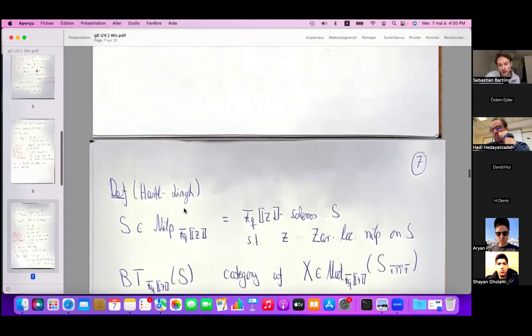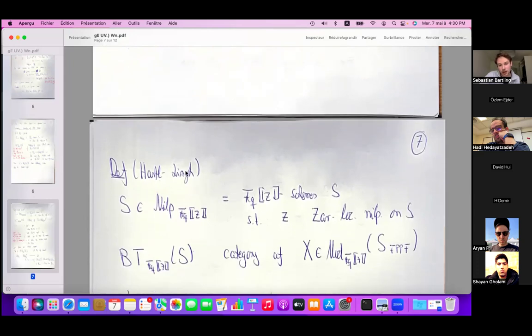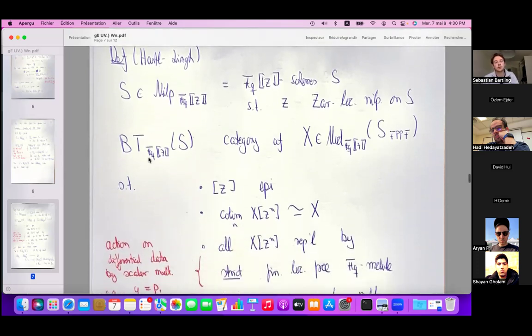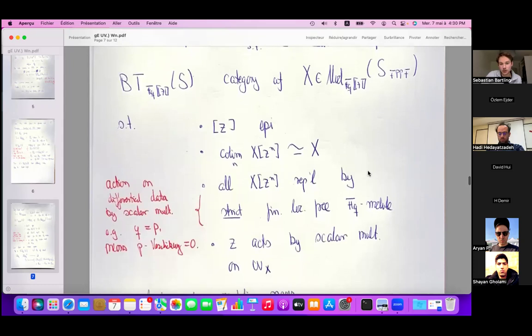Then we have the following definition due to Hartl and Singh. Here the test objects will be F_q[[z]]-schemes S such that z is locally nilpotent on S. And then BT_{F_q[[z]]}(S) is the category of F_q[[z]]-modules on the big fppf site of S such that the following properties hold.